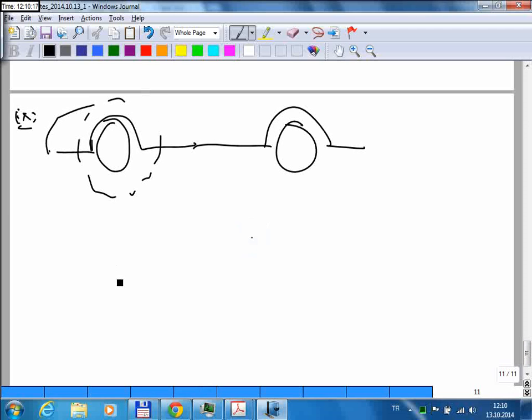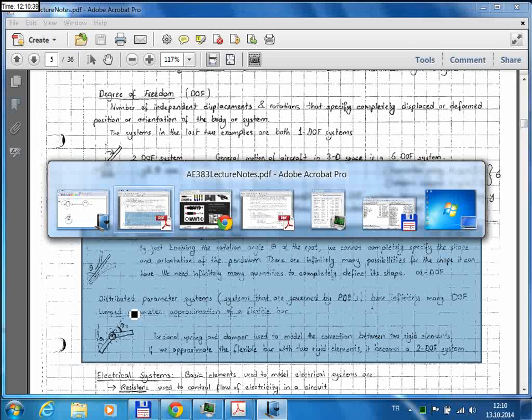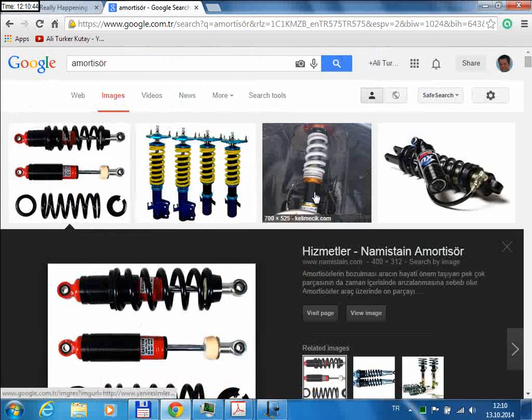So if you take a close-up view, what you have there is the wheel, and then between the frame of the car and the wheel, you have a spring damper system. So if you look at what's happening there, you will see a spring and a damper. So this is how a car suspension system looks like.